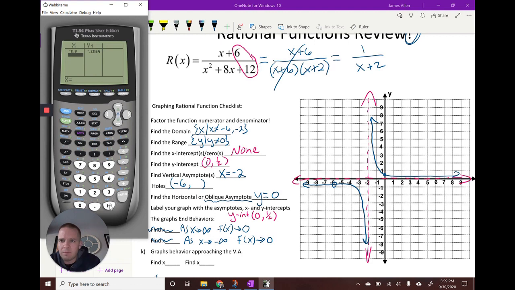And then what about, let's go with negative 5.99. All right. And how about negative 5.999? What number do I appear to be approaching here?